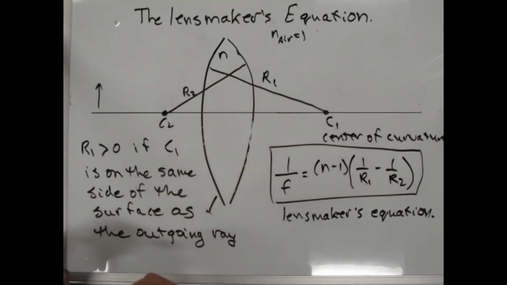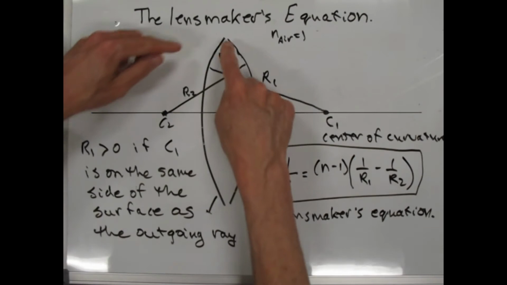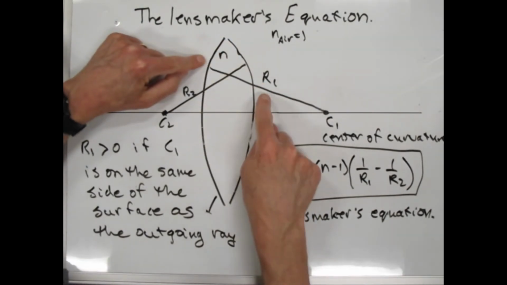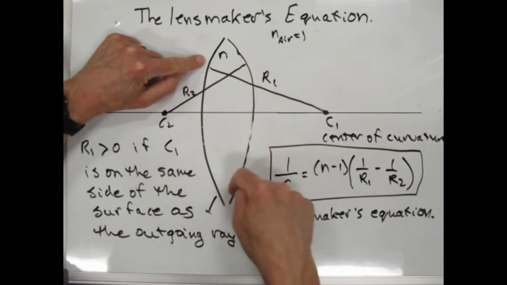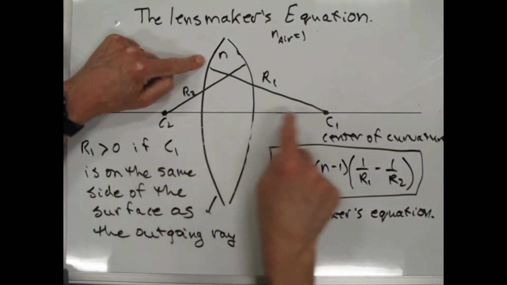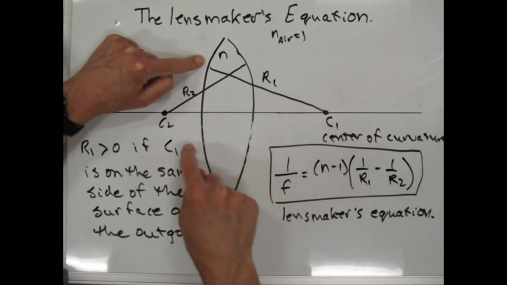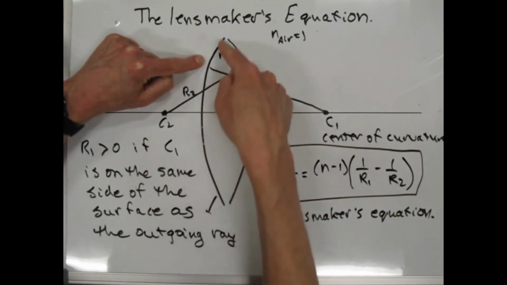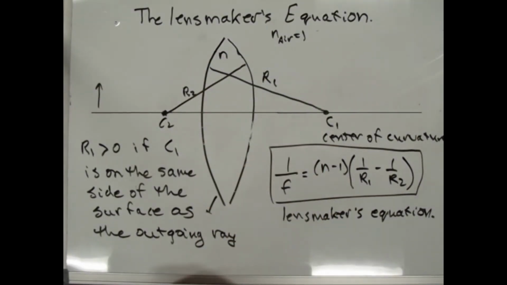Sorry about that. So R1, in other words, the radius of curvature for this surface, can be either positive or negative. It's positive if the center of curvature is on the same side of the surface, surface 1, as the outgoing ray.